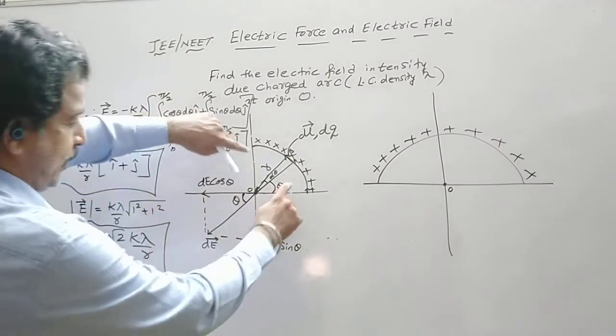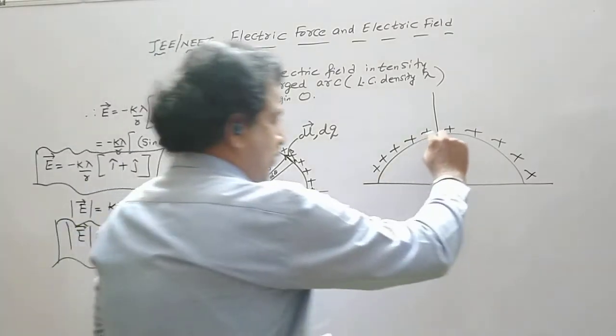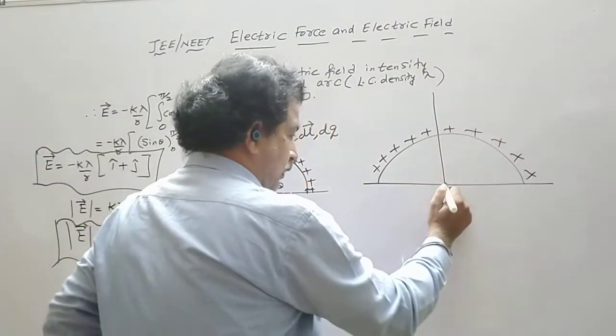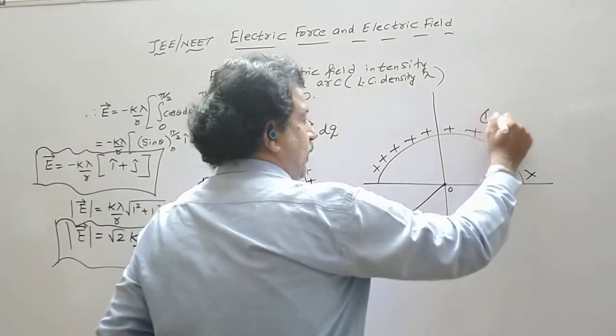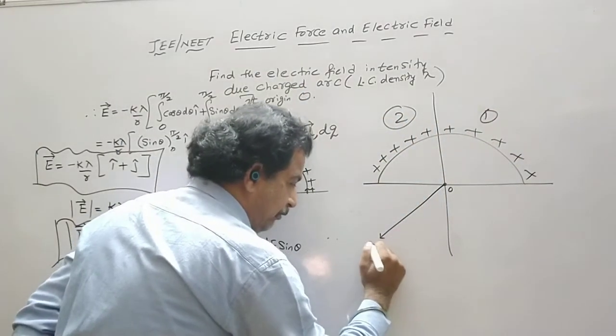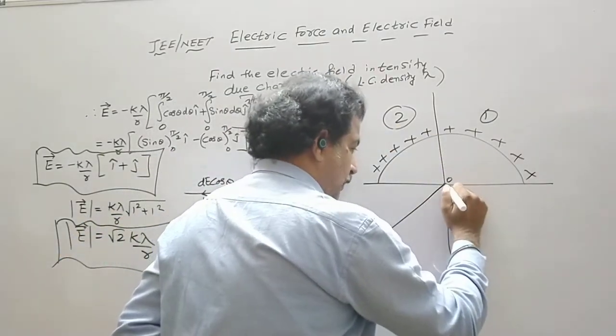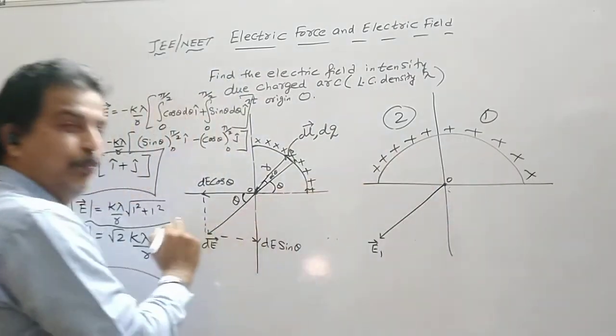If you remember, for this half portion the answer is root 2 K lambda by R. Now if this is an arc, you can directly say this is arc number one, this is number two. So I can write this as E1 vector, and the direction of this we have proved for this portion.